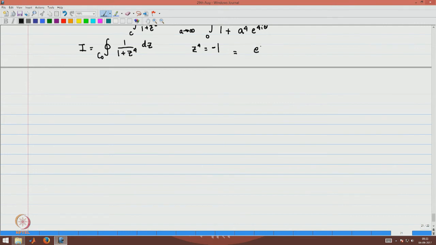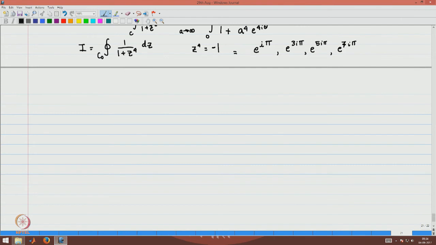e to the i pi. z power 4 is e to the i pi or e to the 3 i pi or e to the 5 i pi or e to the 7 i pi. So z power 4 is minus 1, I can write minus 1 as e to the i pi, e to the 3 i pi, e to the 5 i pi, e to the 7 i pi.